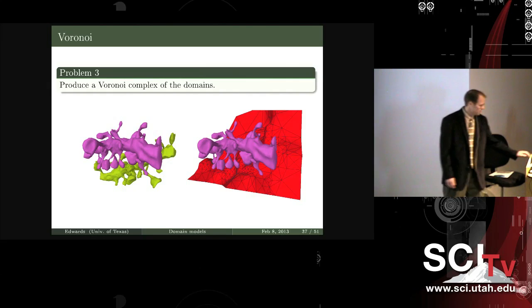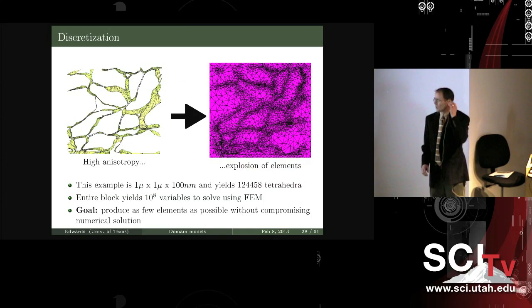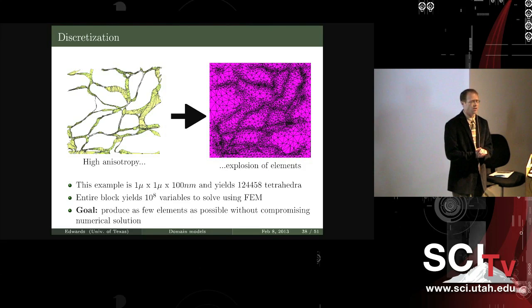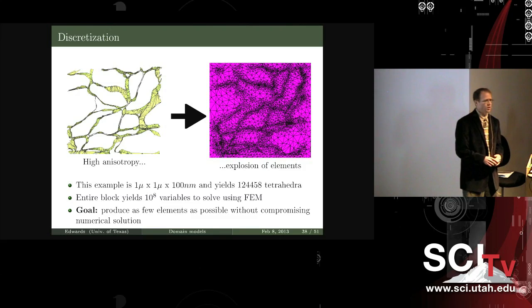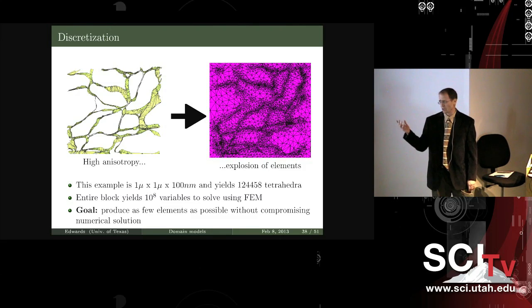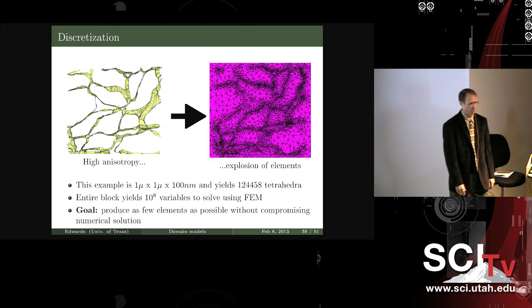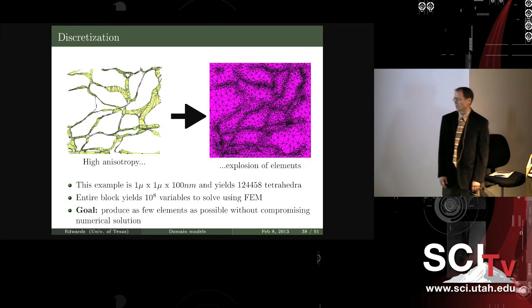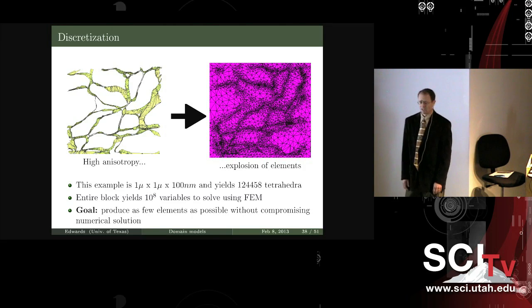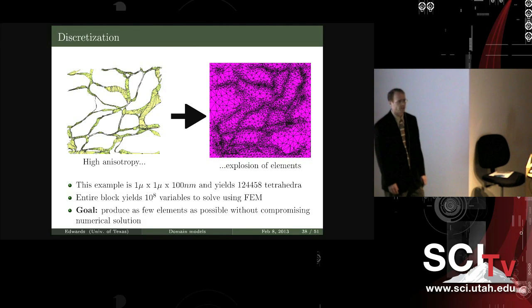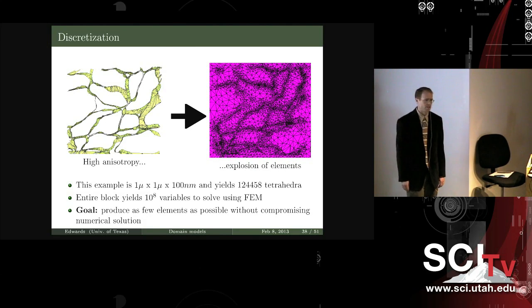So the idea is we want to be able to model our data with finite elements and run a finite element simulation on it. We took a very small slice of our data, a small block, 1 micron by 1 micron by 100 nanometers, and ran it through TetGen and produced 125,000 tetrahedra.